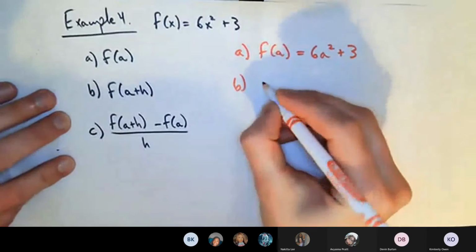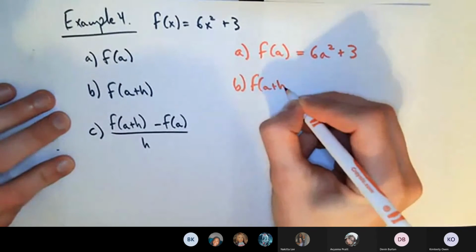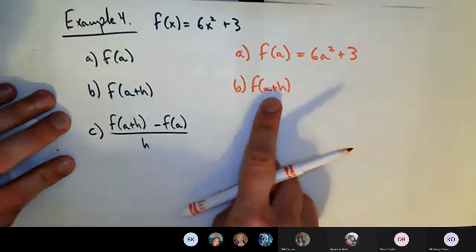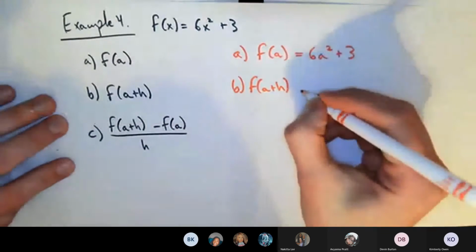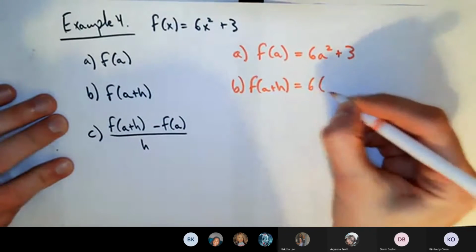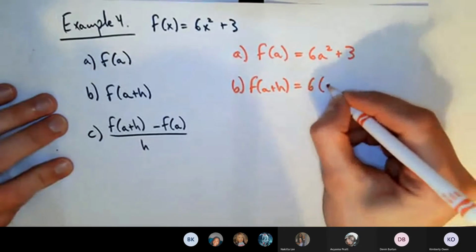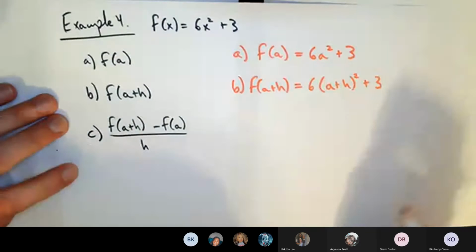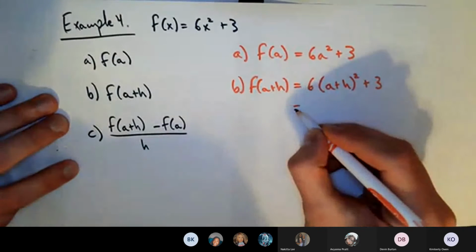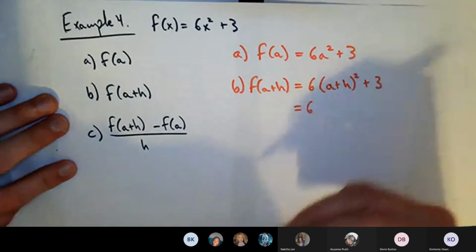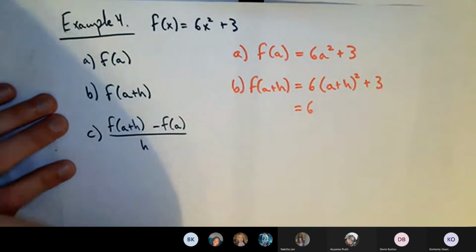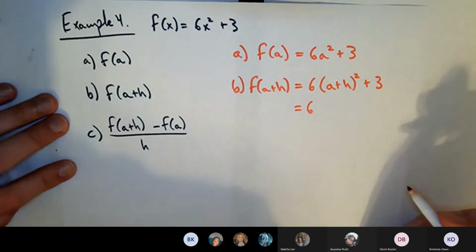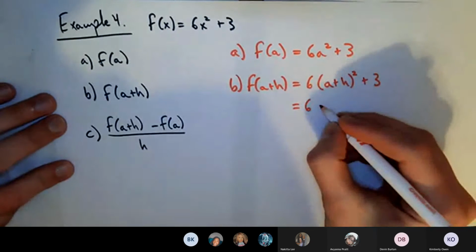Part B is not quite as easy because we've got a whole new thing being plugged into the function. So we're going to say 6 times, instead of x squared, it's this whole thing, a plus h squared, and then don't forget the plus 3 at the back. For the sake of time, I'm going to jump some steps because I do want to try to get done with 2.1 today.